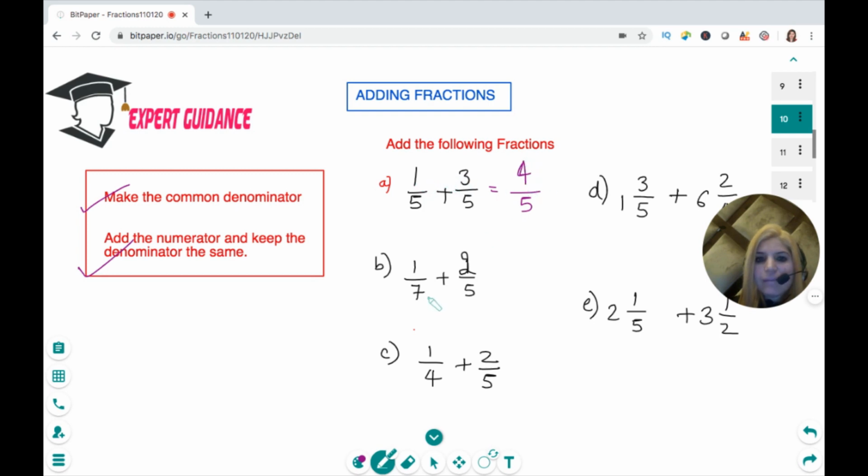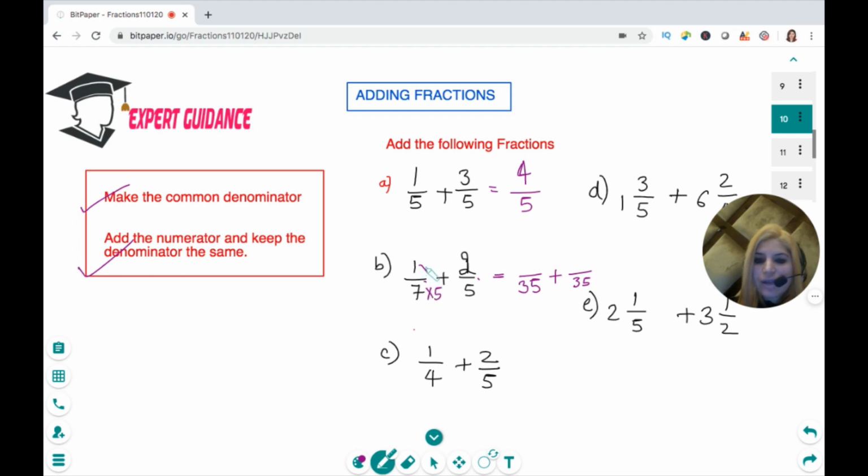But in my second question, my denominators are not the same. So I need to make the common denominator. Now for 7 and 5, the LCM of them will be 35. So 1 over 7, I need to convert into 35, and 2 over 5 into 35. Now what number did you multiply 7 with to get 35? You'll multiply by 5.